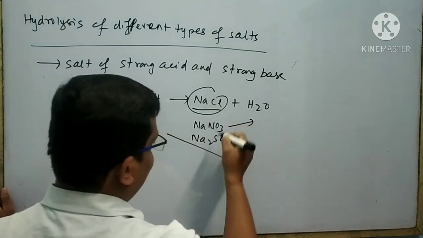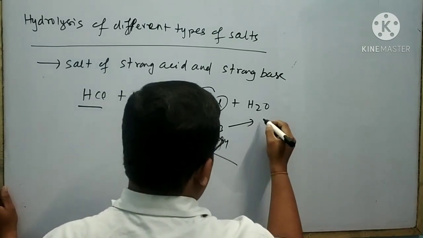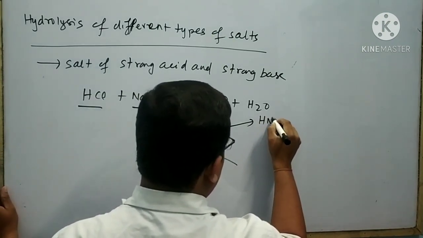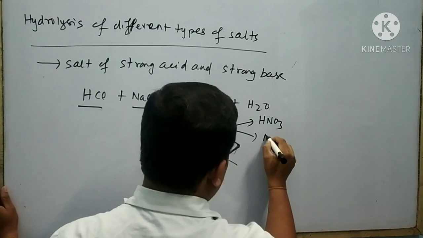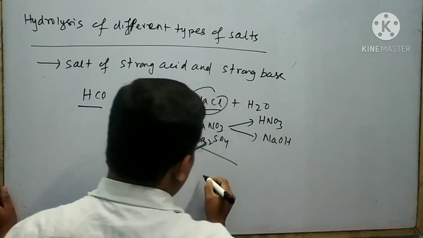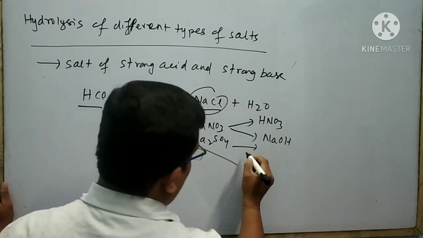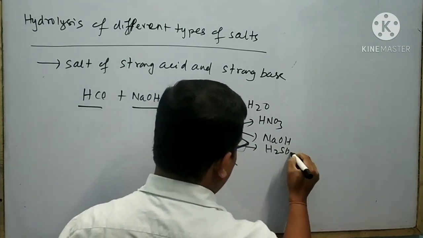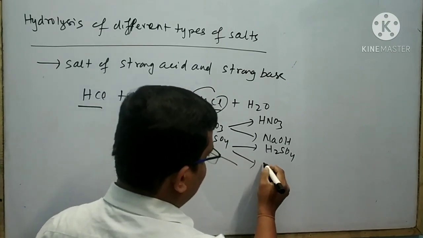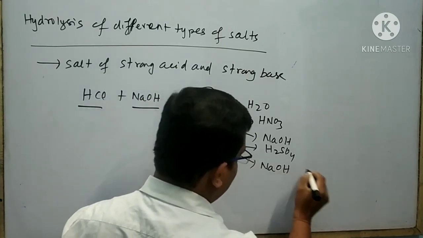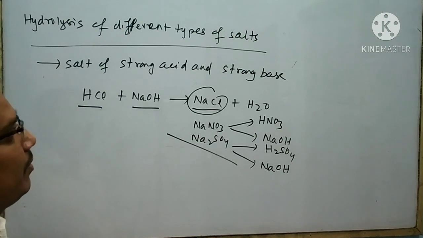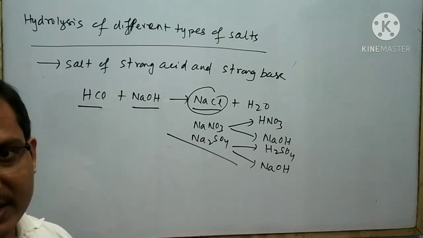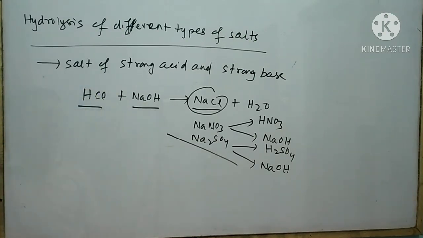Here NaNO3 is formed from the strong acid HNO3 and the strong base sodium hydroxide. Like that, Na2SO4 is also formed from the strong acid H2SO4 and the strong base sodium hydroxide. With the help of any strong acid and strong base, we can form such a salt, that is, a salt of strong acid and strong base.